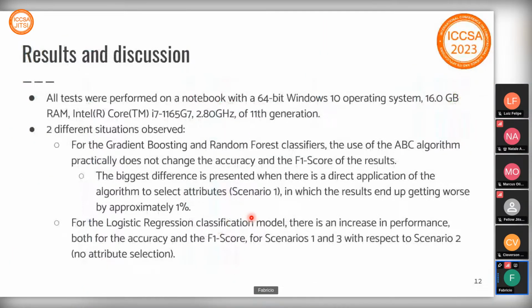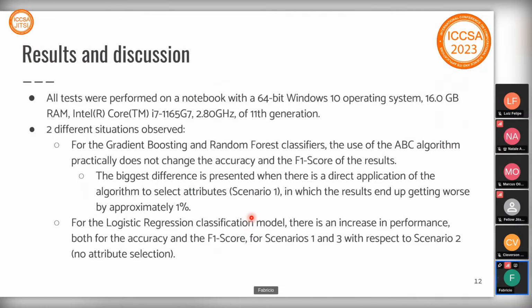All tests were performed on a laptop with the Windows 10 operating system, 16 gigabytes of RAM, and an Intel Core i7 processor.